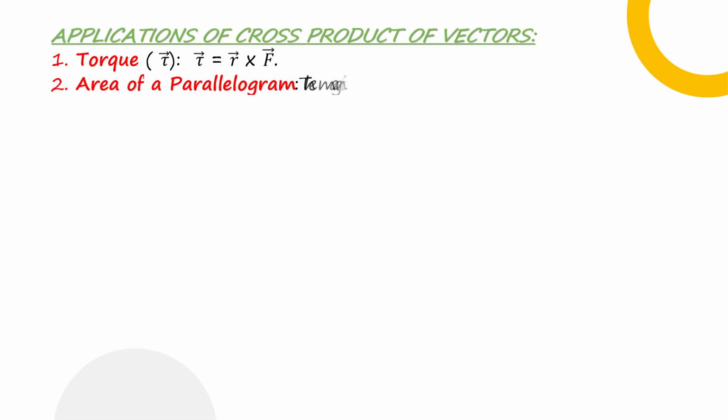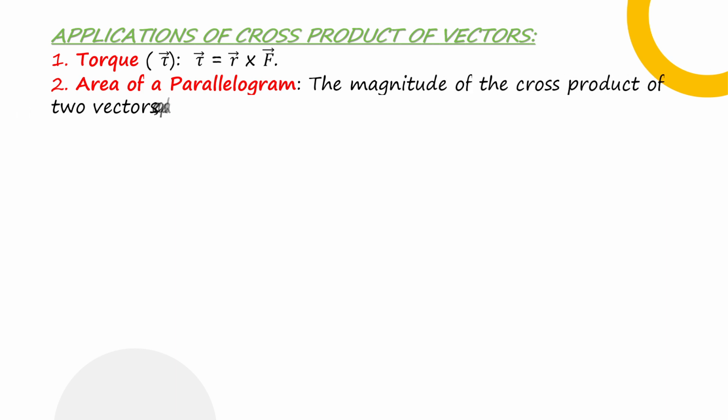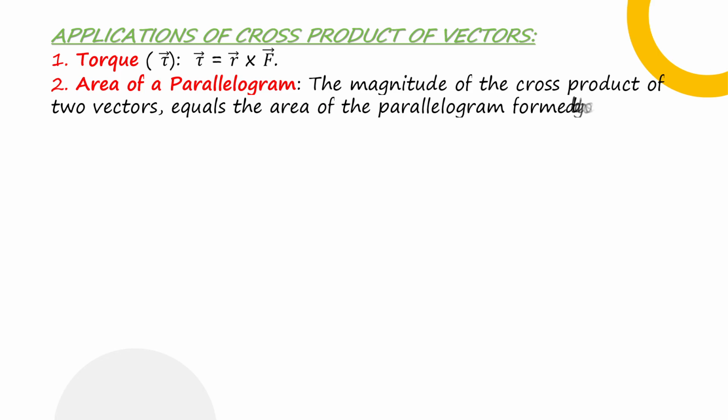Now some applications of the cross product of vectors. Here we will discuss some applications which are within our syllabus. First, torque, that is the rotational analog of force, and tau vector equals r cross F vector. Area of a parallelogram: the magnitude of the cross product of two vectors equals the area of the parallelogram formed by those two vectors.